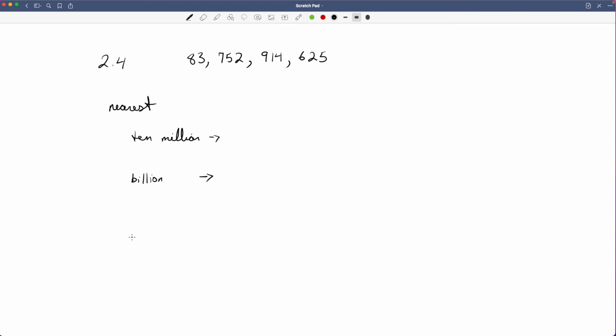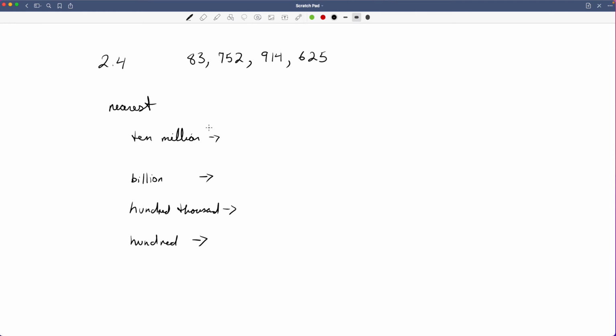And then we're going to round it to the nearest 100,000. And then we're going to round it to the nearest 100. All right, so let's start with 10 million.